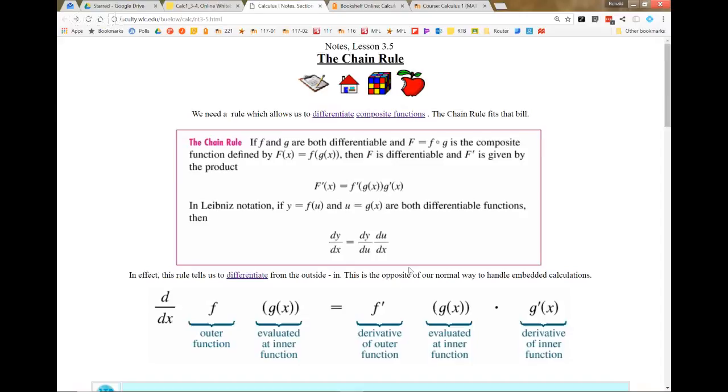And when you take the derivative of a composite function like that, contrary to what we've been taught in the past, you actually start on the outside and do the derivative of the outside function and then multiply by the derivative of the inside. Like I said, that just goes against what we've learned about parentheses in the past.